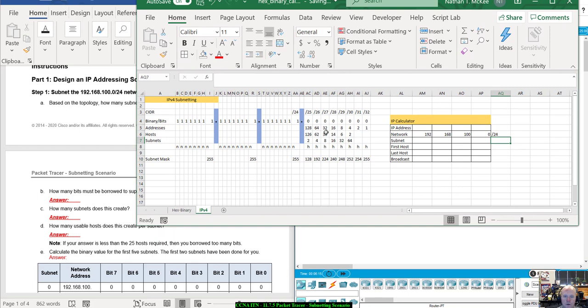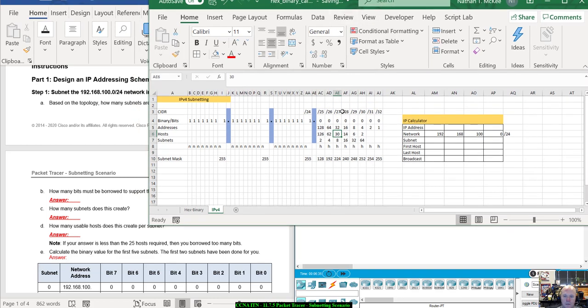So if we look through here, I'm looking for a number of hosts that's over 24 but not way over it. 30 looks like a pretty good candidate, and that'll give us 8 subnets of 30 hosts, or 8 times 32 possible addresses.